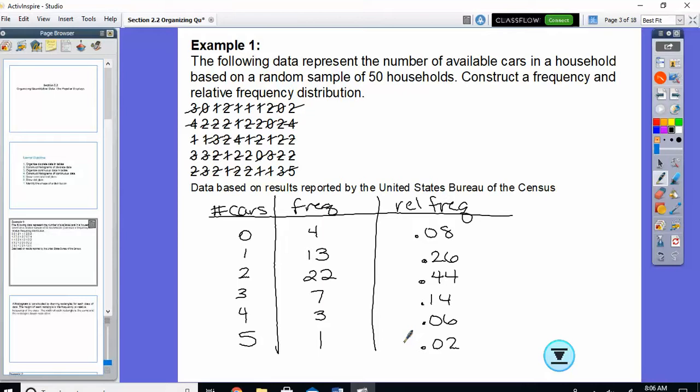Okay, so there's our frequency and relative frequency distribution. That's what we were doing yesterday.